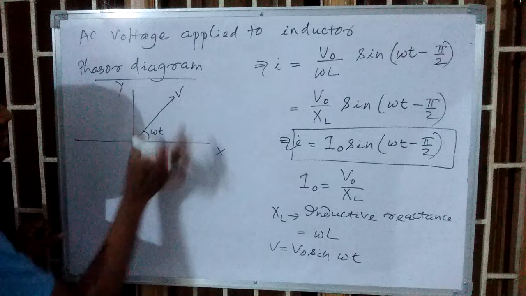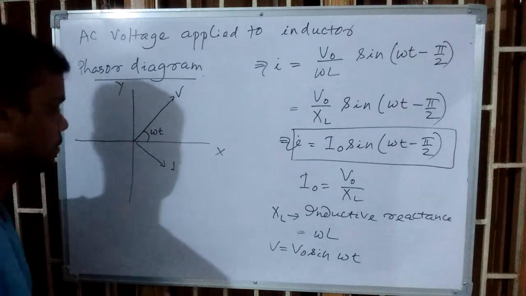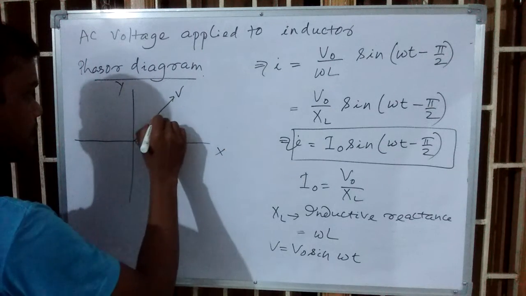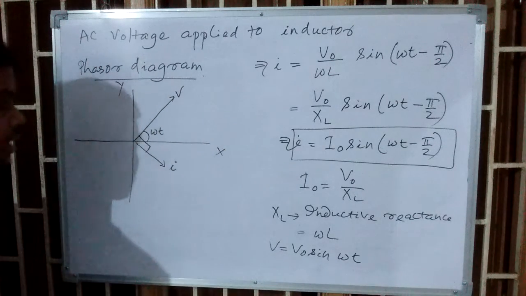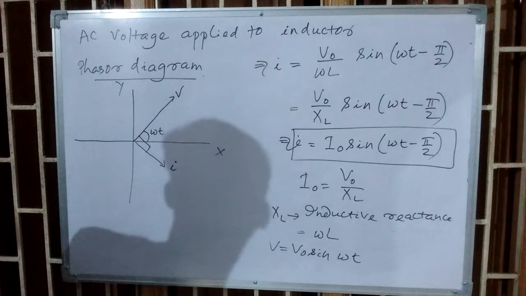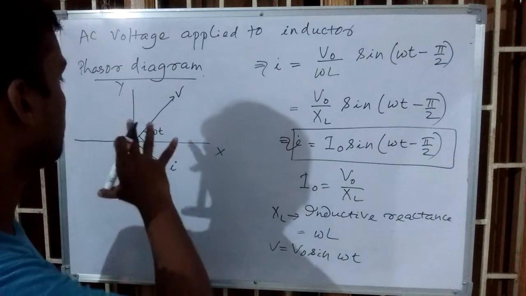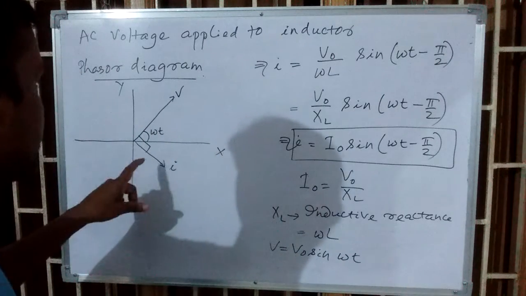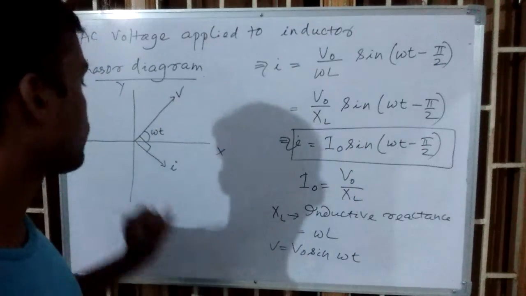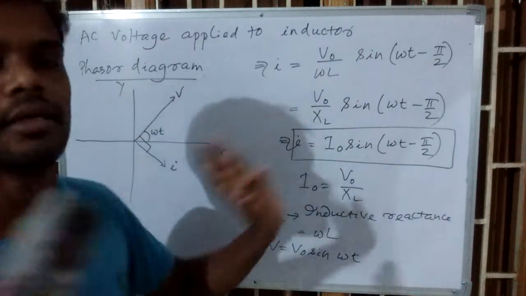The total length is V naught, this length is I naught, and the total angle is 90 degrees. What we observe from this diagram is that in a purely inductive circuit, the current lags behind the voltage by 90 degrees.